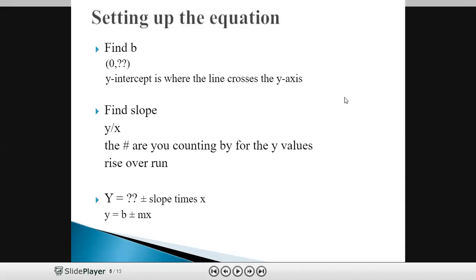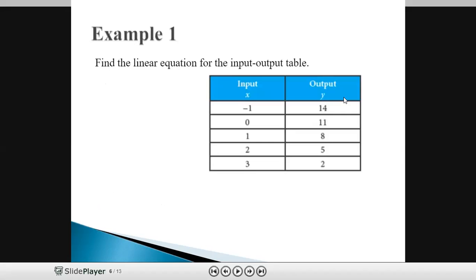It could be rise over run. We can use the rule y2 minus y1 over x2 minus x1. By any way, by the end, you have to calculate the slope. And then you write the equation, which is y equals b plus or minus mx, or we can write it another way, y equals positive or negative mx plus b. Positive or negative depends on the sign of the slope.